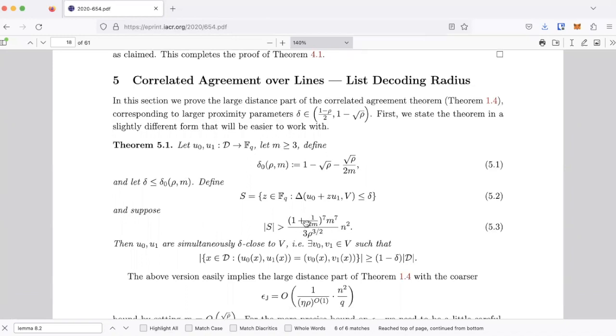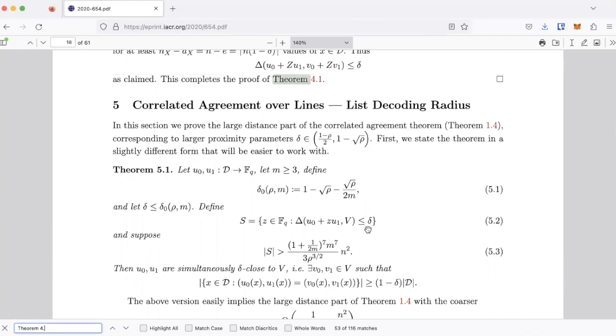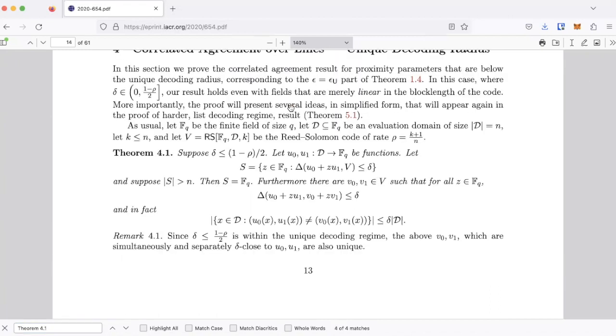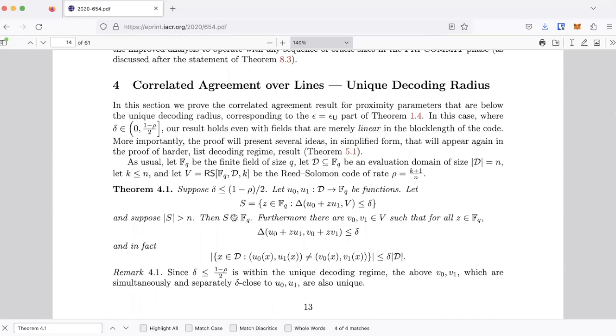And here we see exactly that term that is appearing in our Fry soundness, and the corresponding theorem 4.1 is our result in the unique decoding radius. The corresponding term here is just this: suppose the size of S is greater than n.